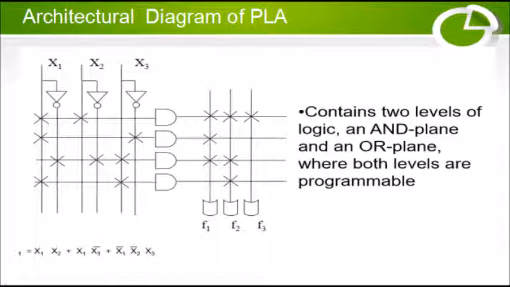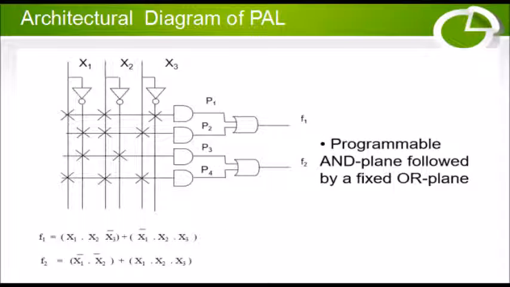This is the architecture diagram of PLA that contains two levels of logic, an AND plane and an OR plane, where both levels are programmable. This is the architecture diagram of PAL, a programmable AND plane followed by a fixed OR plane.